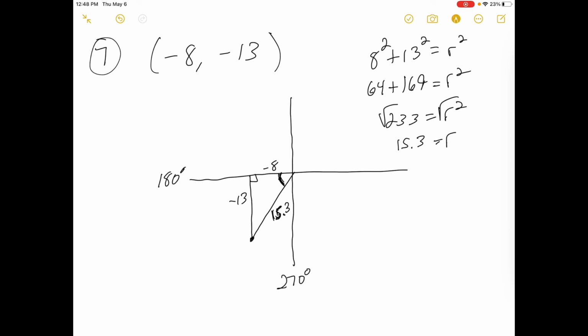So if I can figure out this degree right here, I could just add it to 180, and that will tell me how far we've gone. All right, so let's do tangent inverse, opposite over adjacent.